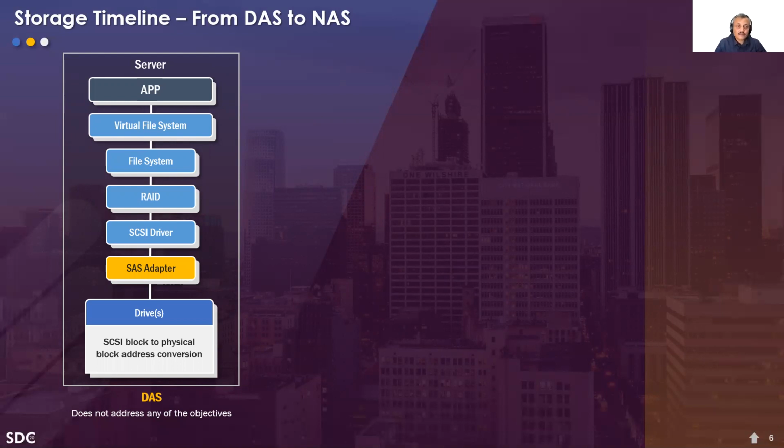But that's to that extent what can be done over there. However, on the availability front, there was always a challenge in case of a server failure. Data can get lost.